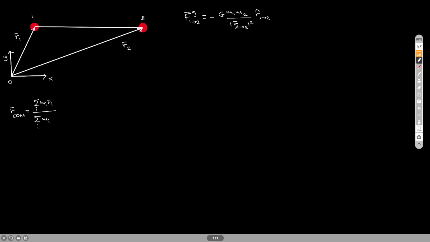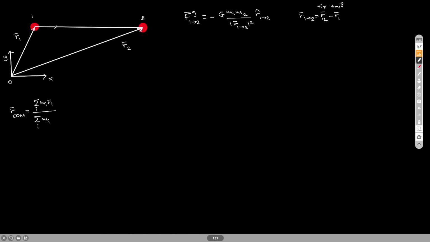In introductory physics, I do go over what those are, and I can remind you here. When I say r from 1 to 2, this can be calculated as r2 minus r1. What is this vector? If I work on it graphically, r2 is where the tip of this vector is, and r1 is where the tail is.